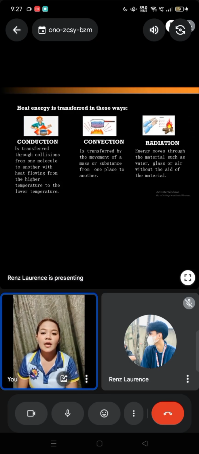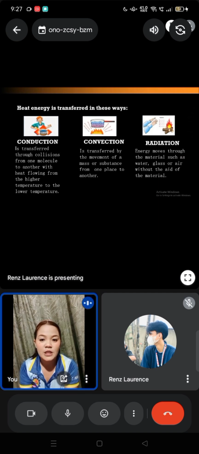The heat is transferred through collisions from one molecule to another, with the heat flowing from the higher temperature to the lower temperature. So when we say conduction, this is heat transfer in a material that is directly exposed to the heat.